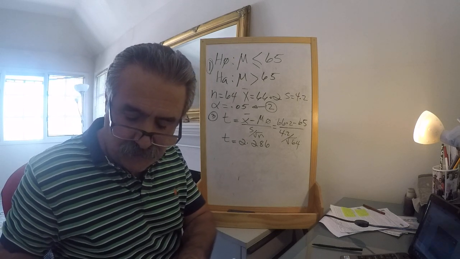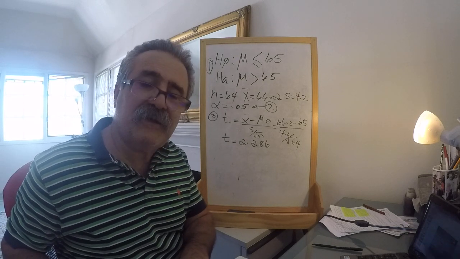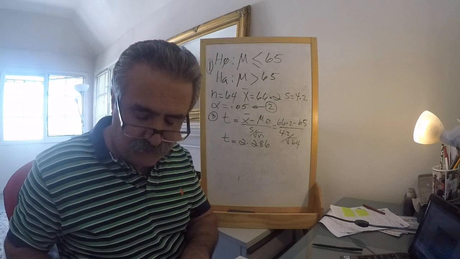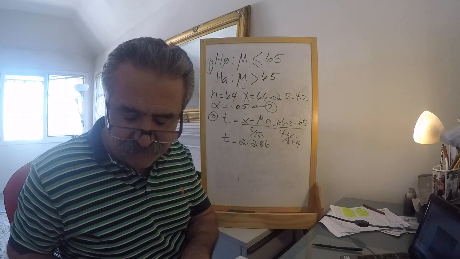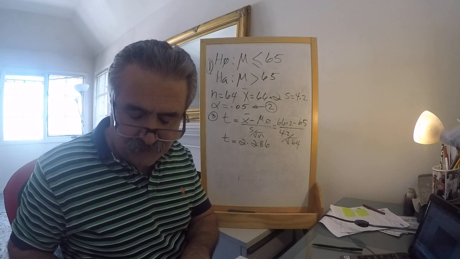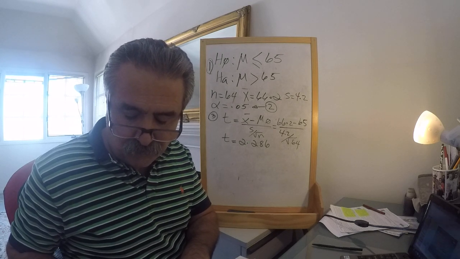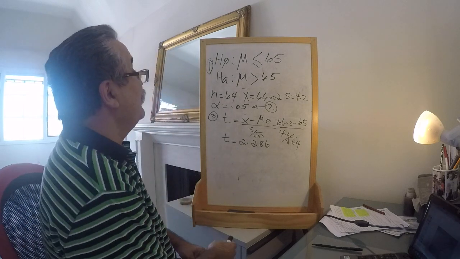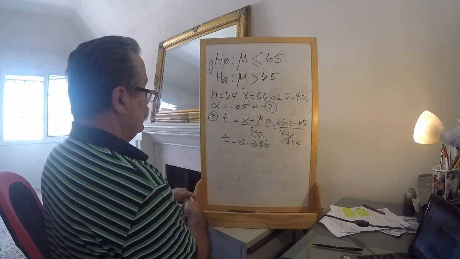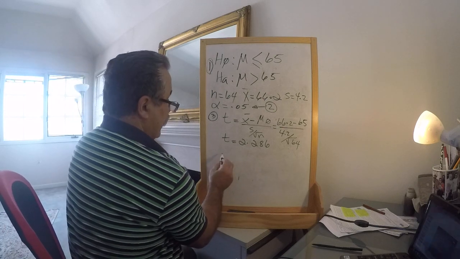we go across, we try to locate 2.286. We don't find 2.286. The two closest values that we find are 1.998. Let me write down in here for you. So this is part of the table.